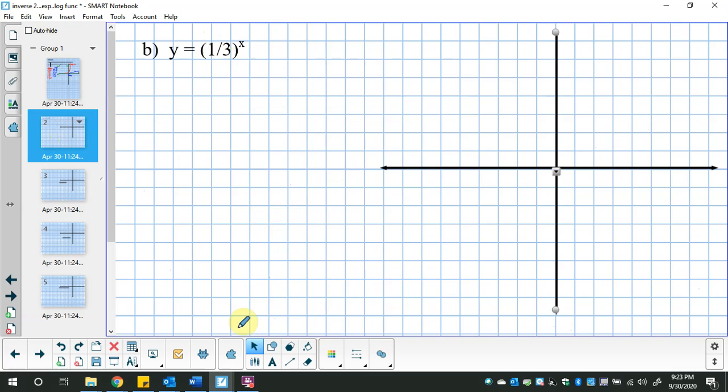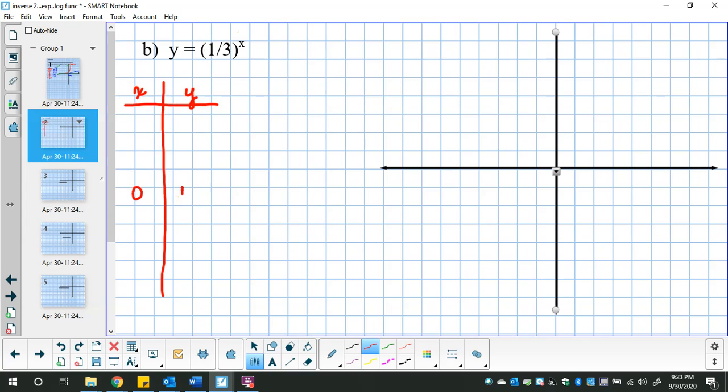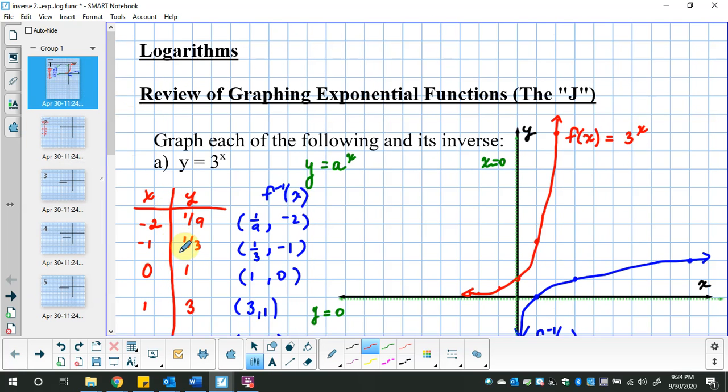Now what that means, and I hope you can understand this because maybe your grade 11 teacher went over it, is when I create my list, 1/3 to the 0 is 1, 1/3 to the 1 is 1/3, 1/3 squared means I square 1 and I square 3 and I get 9. And I hope you realize that this is kind of the backwards of the one where I used a very similar base, but the reciprocal of the base.